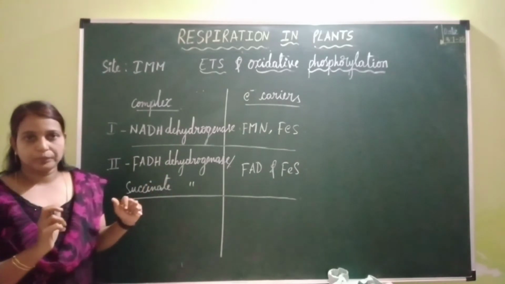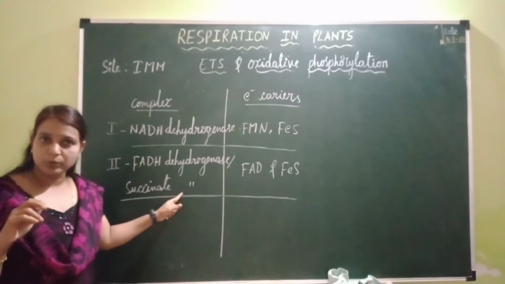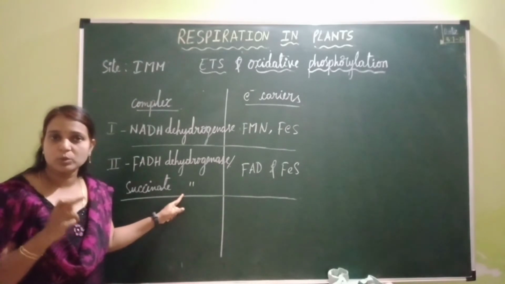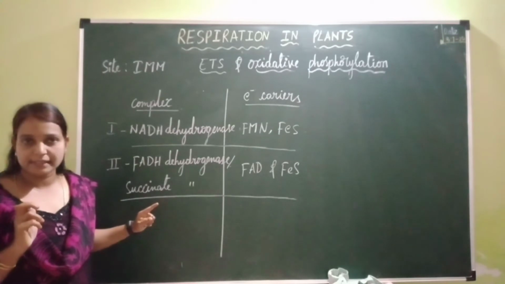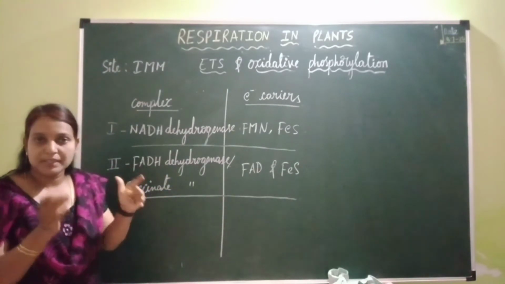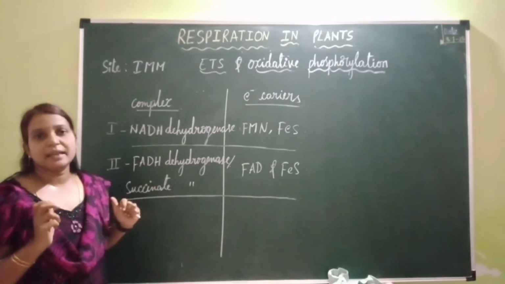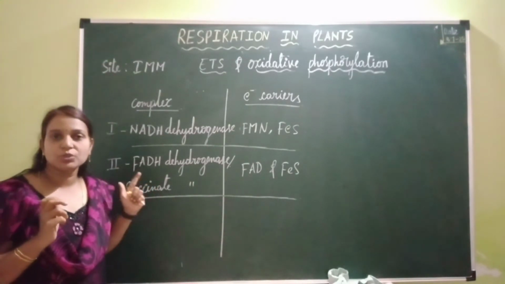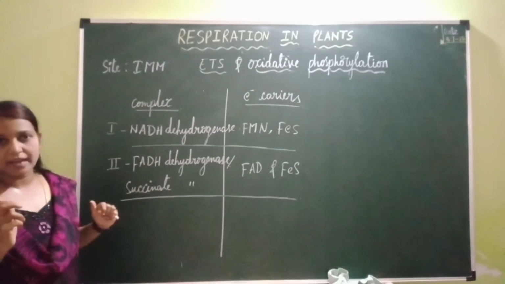The second complex is also seen in the Krebs cycle, because in the Krebs cycle we also studied this succinate dehydrogenase. This enzyme is involved in the oxidation of succinic acid into fumaric acid. All the enzymes of the Krebs cycle are present in the mitochondrial matrix, but only one enzyme is attached to the inner mitochondrial membrane, and that enzyme is succinate dehydrogenase.